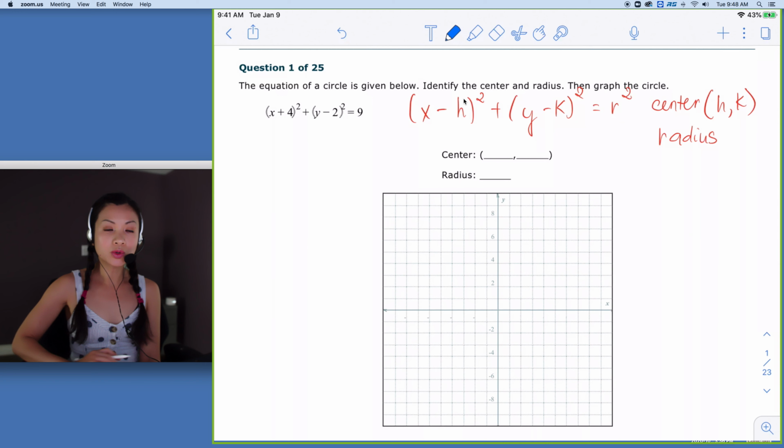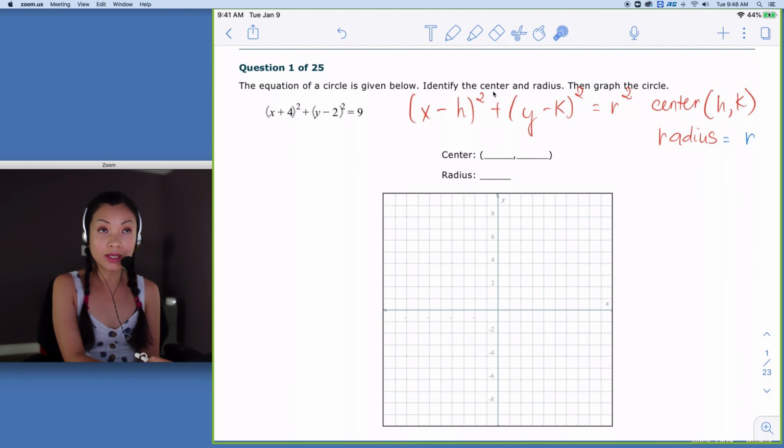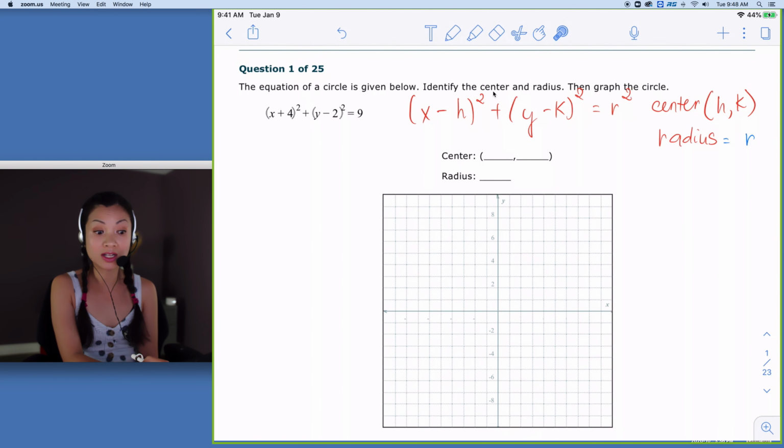The reason we want to keep it in this form is because if we have it in this form, you can recognize the center and the radius right away. So the radius is going to be r. Don't forget, this is r squared. Okay. So for the first example, it's quite easy because they give you the standard form.